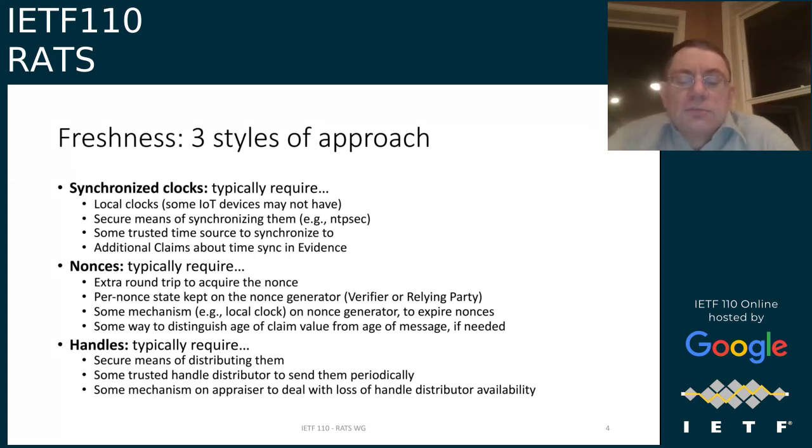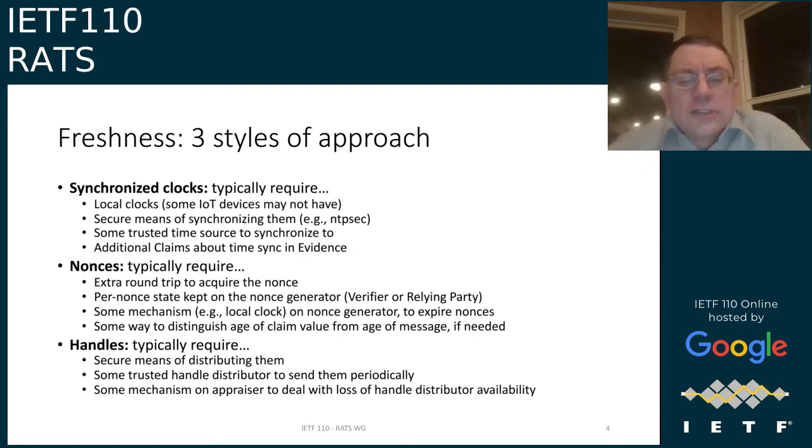Because there's a distinction between when the evidence was generated at attestation time and when the GPS claim value was first measured and then cached or something like that. And so if you need to know the difference, then you need to design some way to distinguish that, because you can't just put a timestamp in there. And so we talk about an example of how you might do this in the appendix.